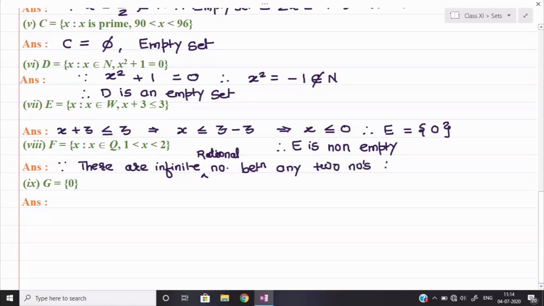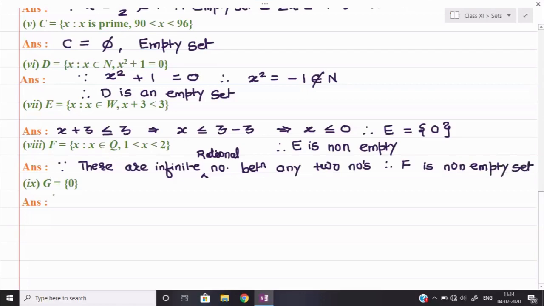Okay, so therefore we can say that F will also be a non-empty set, because it contains infinite numbers.